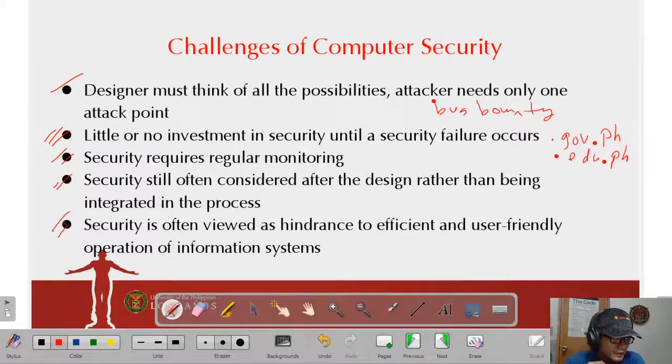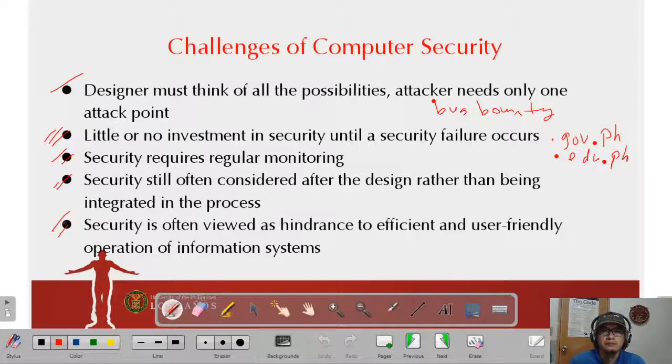But most users still use 1234 and QWERTY as passwords in some of their accounts because it's very inconvenient to memorize a complicated password. And also password reuse. It's always advised that you should use a different password for each account, but still users make use of the same password for the different online services that they subscribe to or use.